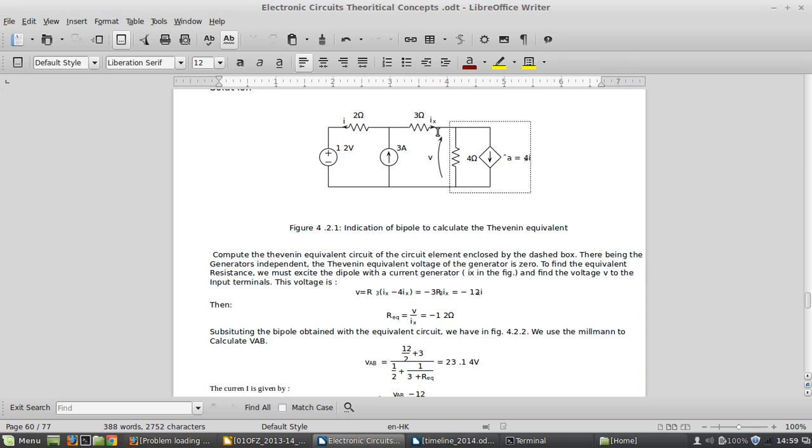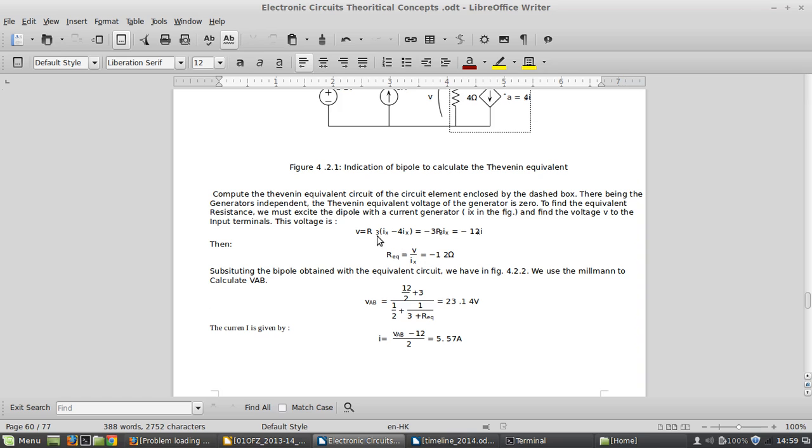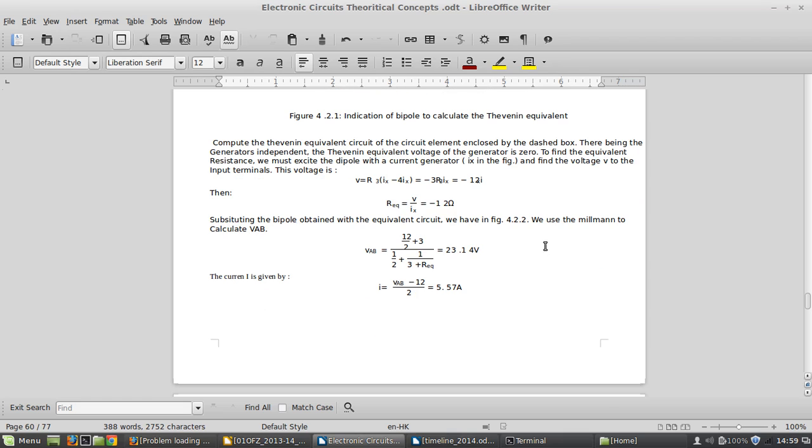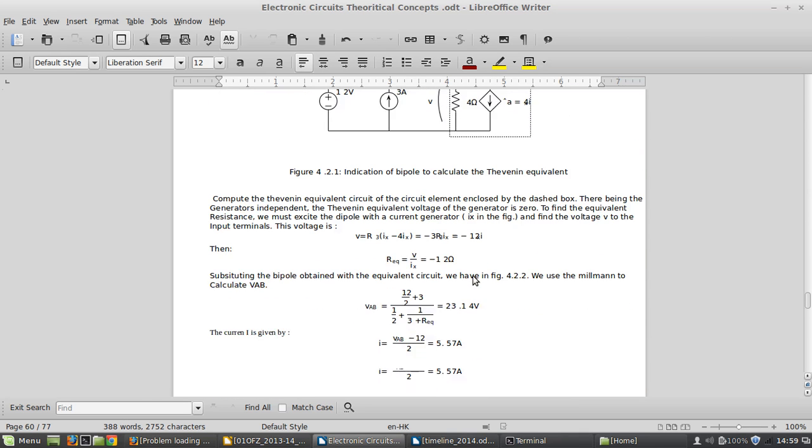Actually the whole voltage is provided. What you do is, this ix just acts as an external current source. So you just divide to get the R equivalent, and that's it. You just get the Thevenin equivalent circuit.